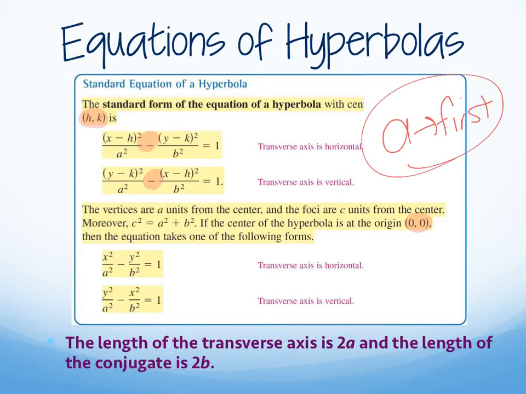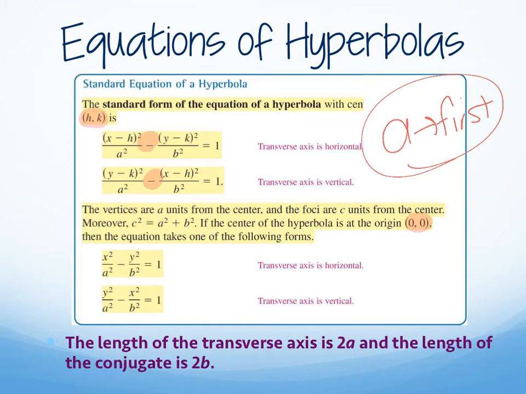So first major difference is there's a minus between. Second major difference is that A is always first, and that's how you determine if it's supposed to be vertical or horizontal. So if the first letter, which is always going to be positive, you'd always switch it so the negative comes second. If the first letter is X, then it's horizontal. If the first letter is Y, then it's vertical. Whatever's under that first one is always your A. Whatever's under the second one is your B.